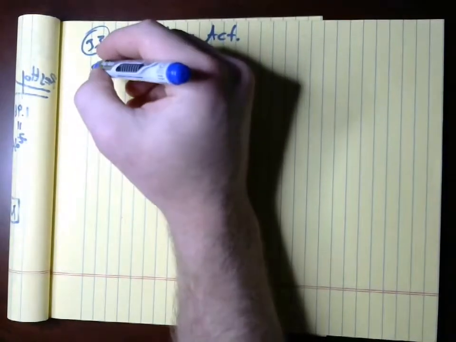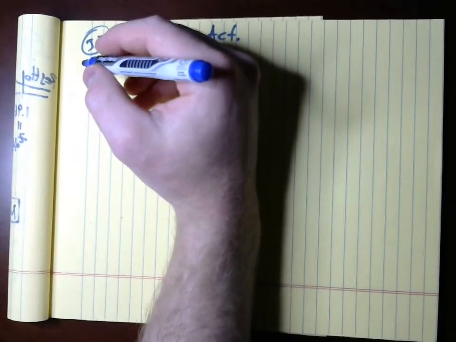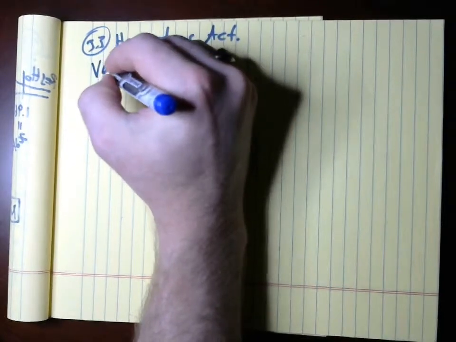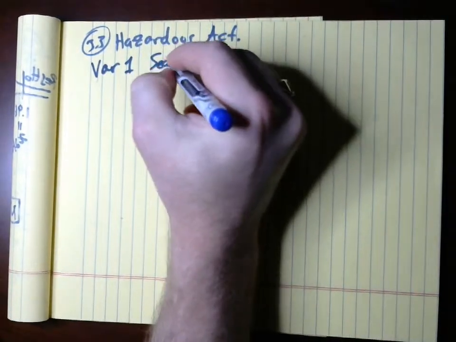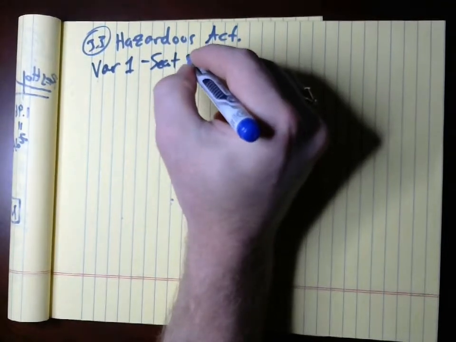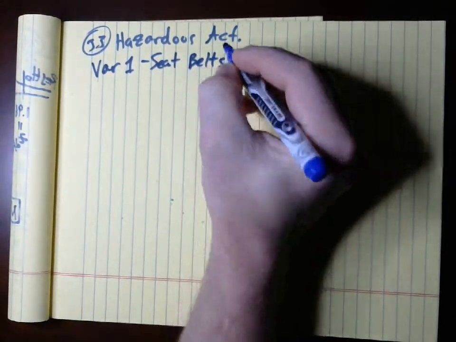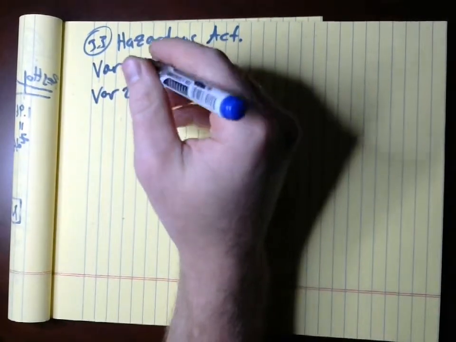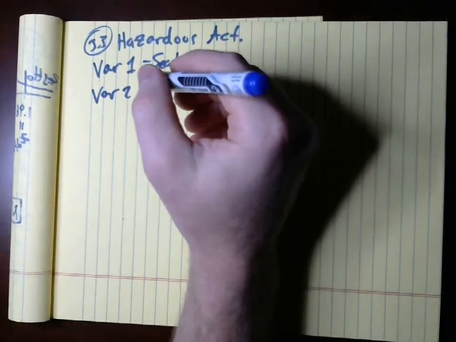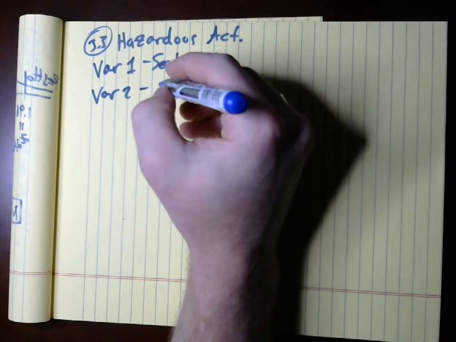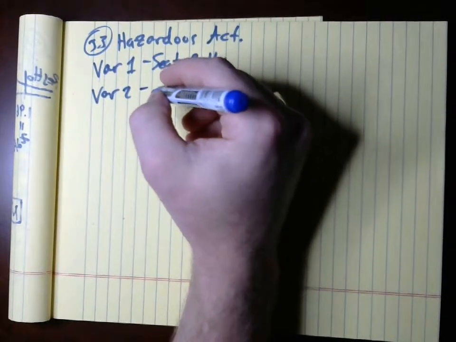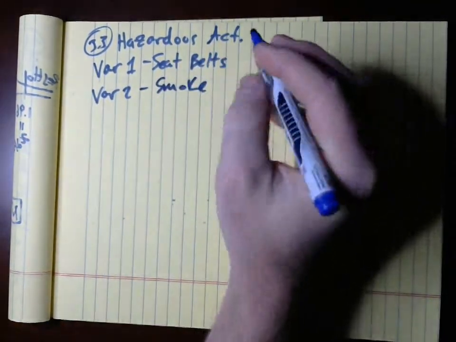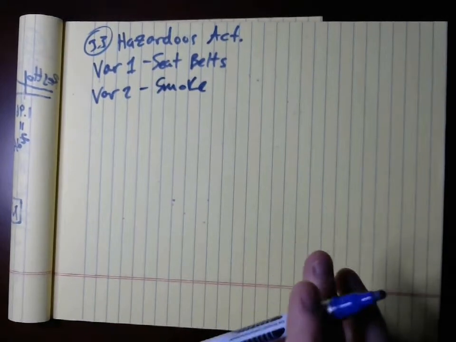Variable one is seatbelts, and variable two is smoke. And you get this chart here.